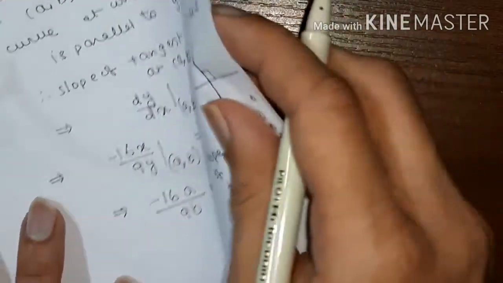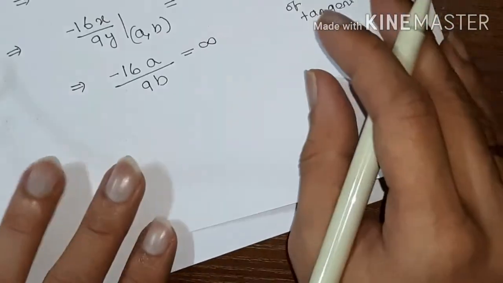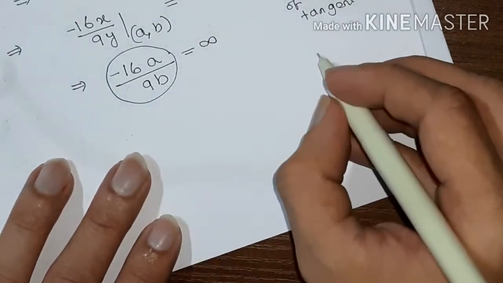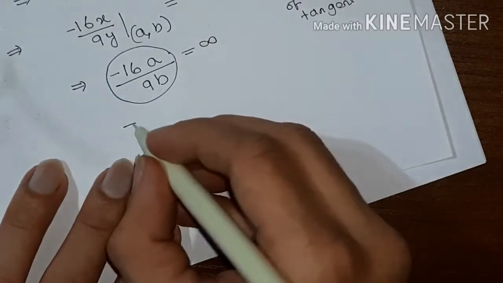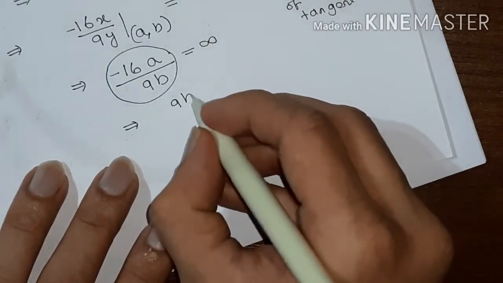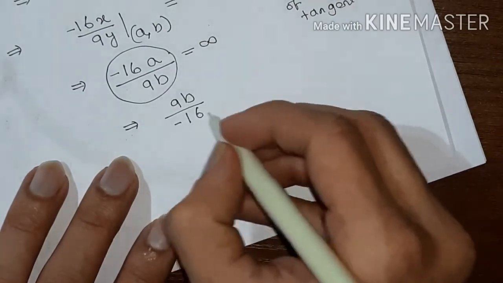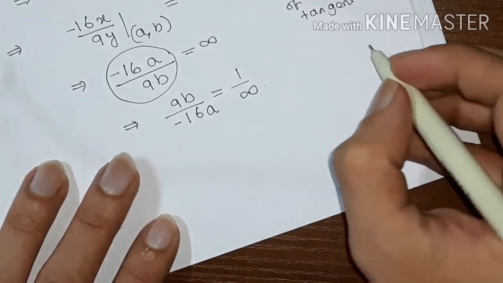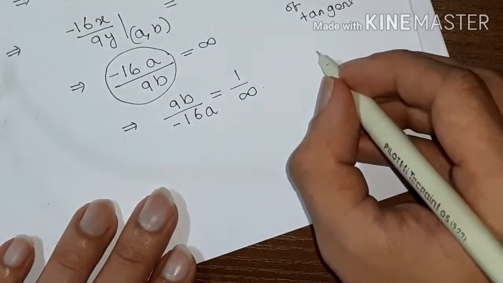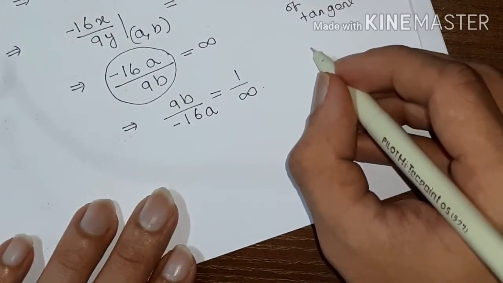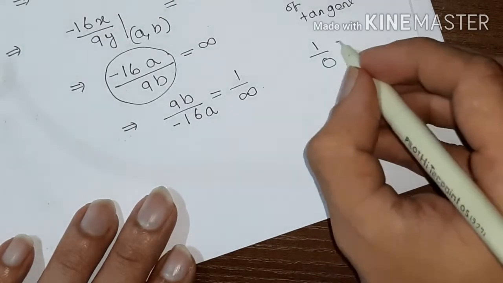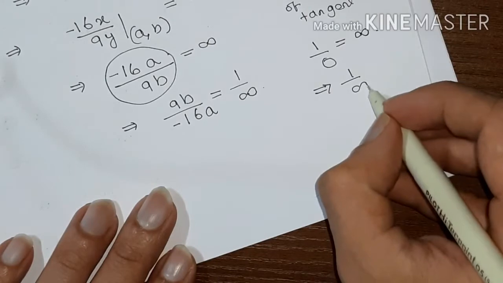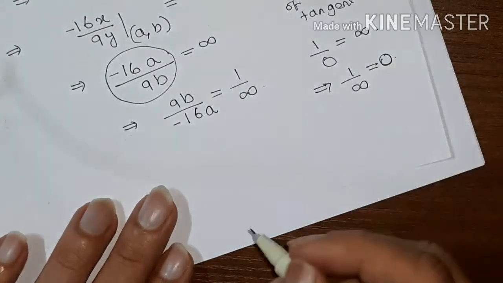So now if you look at this equation, this term is equal to infinity, right? So if you take the reciprocal, what will happen? 9b divided by minus 16a is equal to 1 by infinity, right? Now since you know that 1 by 0 is infinity, 1 by infinity is 0.